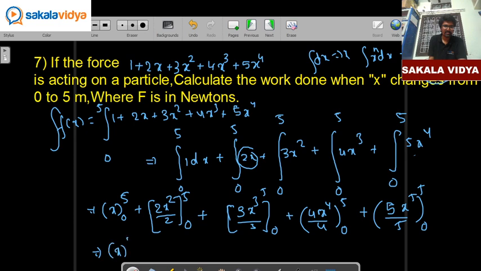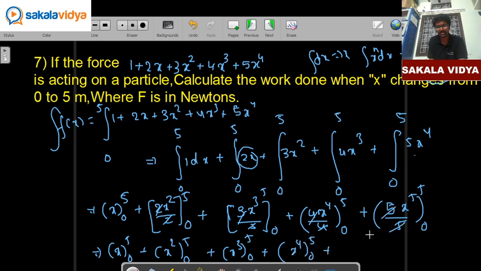x with upper limit 5 and lower limit 0, plus 2 gets cancelled, x square with 5 upper and lower, plus x cube with 5 and 0, plus x to the power of 4 with 5 and 0, plus 5 gets cancelled, x to the power of 5 with upper limit 5 and lower limit 0.